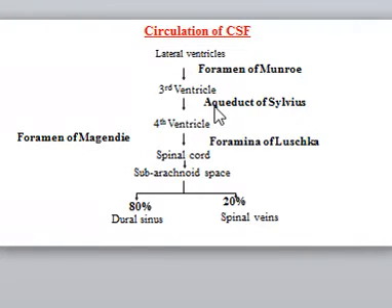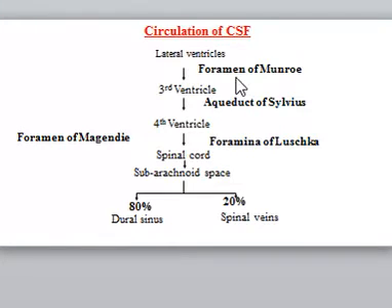From the fourth ventricle it enters the cisterna magna and cisterna lateralis through the foramen of Magendie and foramen of Luschka. From the cisterna magna and cisterna lateralis, CSF circulates through the subarachnoid space over the spinal cord and cerebral hemispheres, and it also flows into the central canal of the spinal cord.